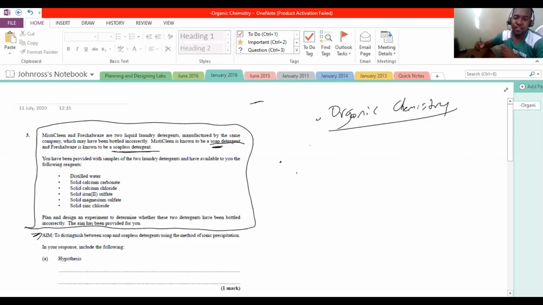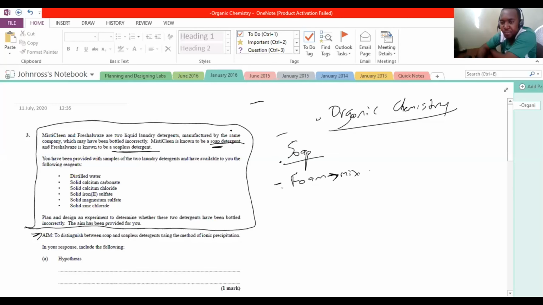Soap. So why would you say you use a lot of soap detergents? Foamy, I don't know. It's foamy. Yes, that is a part of it. So for soap, it produces foam when we mix it with water.